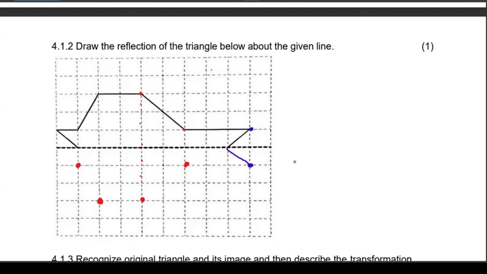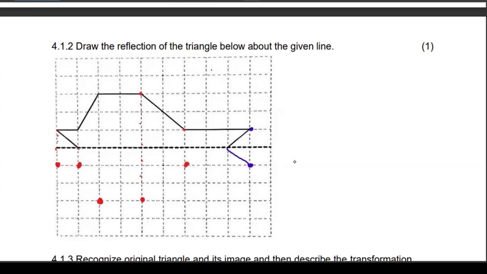And then this point is 1 block away from the line. No, this point is wrong. Is it wrong or is it correct? Getting confused now. Okay, let's see. When I look at this point, it's 1, 2. Yes, it's correct. Meaning that this one is also going to be somewhere there.